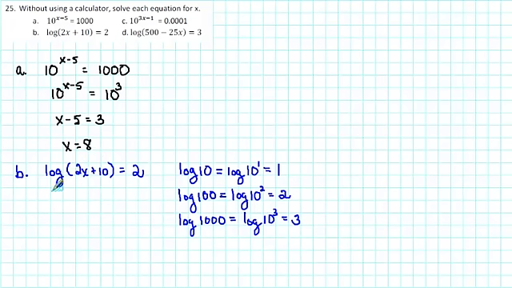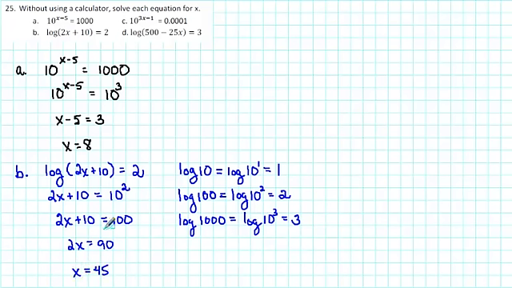So we have 2x plus 10 must be equal to 10 raised to the second power. 2x plus 10 must be 100. Take away 10 from both sides, we get 2x is equal to 90. And divide both sides by 2, x is equal to 45.